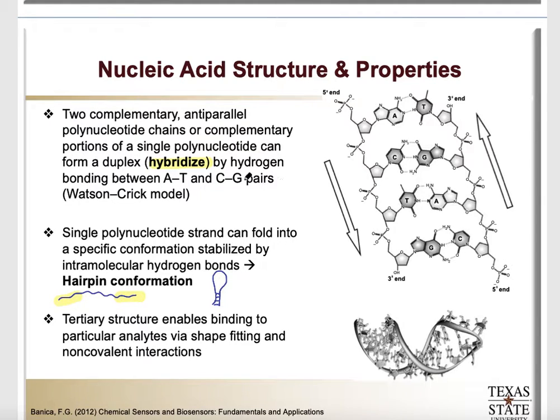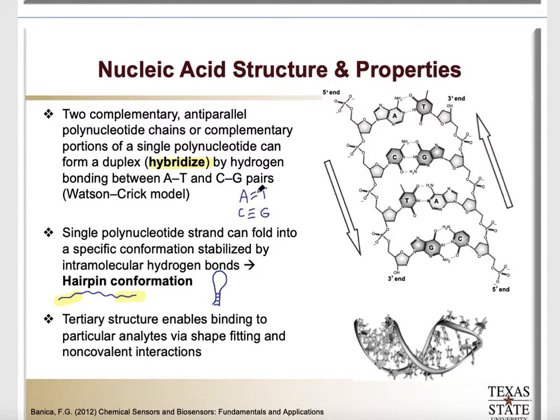Now, one thing that I forgot to mention when we were here is that the different pairs actually have different numbers of hydrogen bonds. So whenever you have A binding to T, you actually have 2 hydrogen bonds in between them. When you have C binding to G, you have 3 hydrogen bonds that are bonded to one another. So C to G is 3 hydrogen bonds.